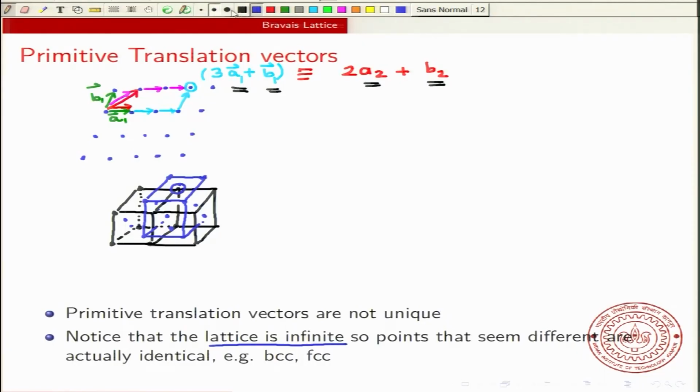So, let me just show you the primitive translation vectors for an FCC lattice. So, if you have an FCC lattice, and I will draw it again, and I will draw it slightly bigger here just to illustrate the point.